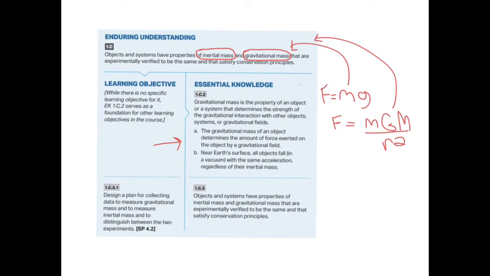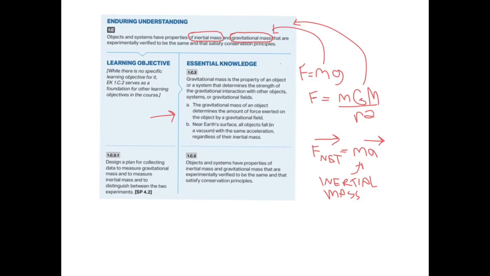If, however, you are just using F net equals ma, and you're just trying to prove that applying a force will cause a mass to accelerate in the same direction, then you are using this as inertial mass, which is basically a take on Newton's first law, which states that an object at rest tends to stay at rest until acted on by an outside force.